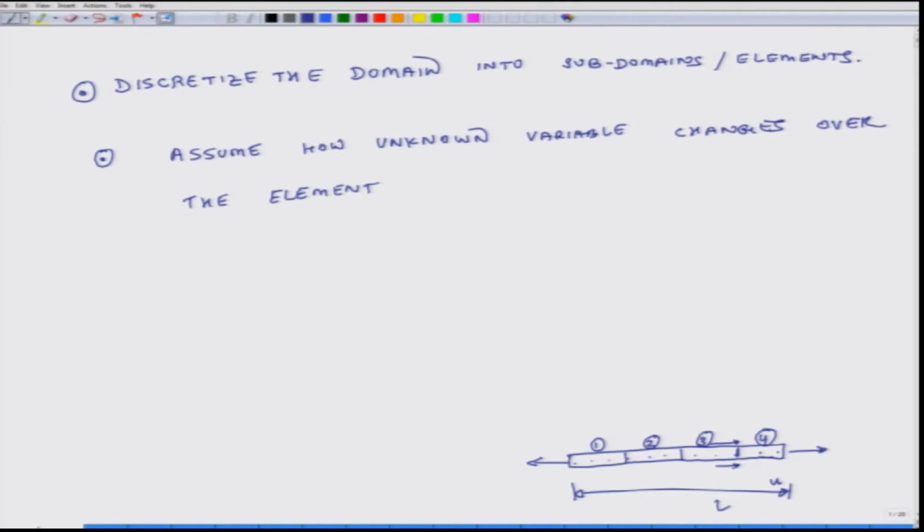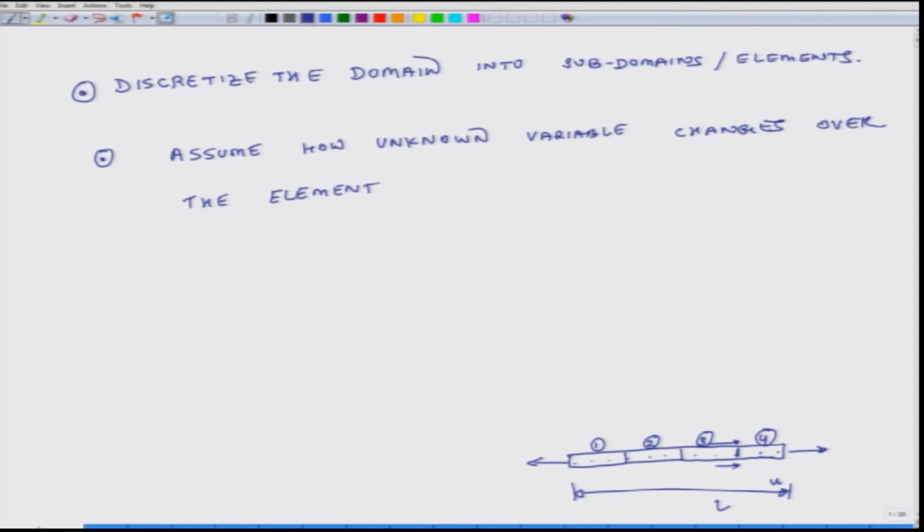Then the second step is that we assume how u varies over each element. We do not know the value of u at each point, but we assume how u varies over each element. So, I can assume that u is constant over element 1, it could also be constant over element 2, element 3 and so on, or I can assume that u varies linearly over elements 1, 2, 3 and 4, or that u varies quadratically over individual elements.